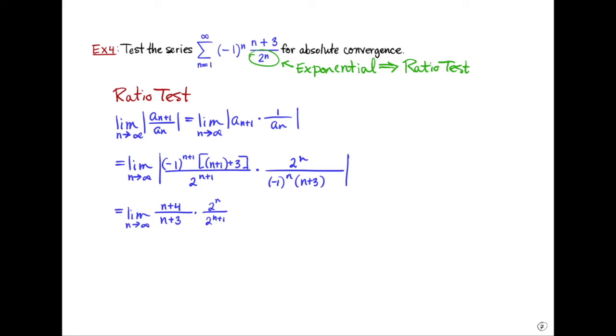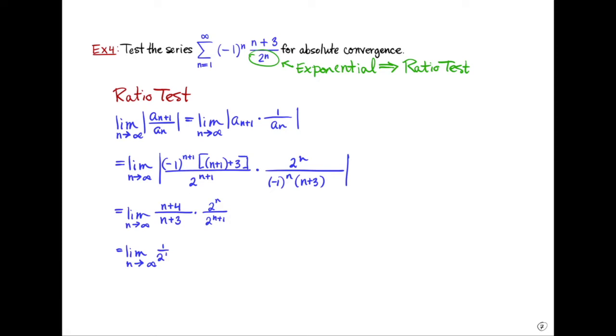And like I said, we can drop the absolute value signs and the -1, and then we don't need either one. So we could simplify the 2 to the n over 2 to the n plus 1. This becomes the limit as n goes to infinity of 1 over 2 to the first power.